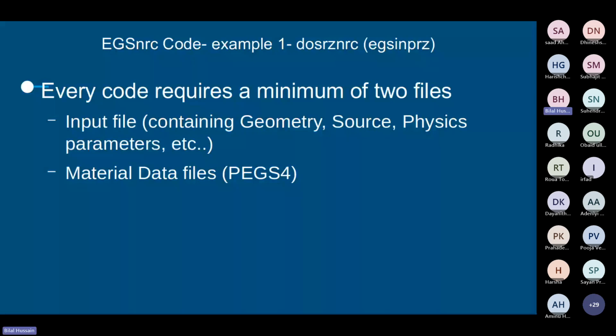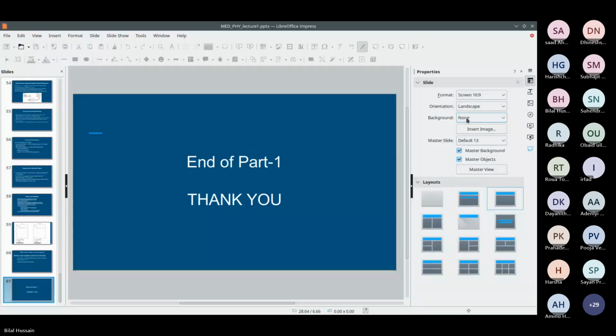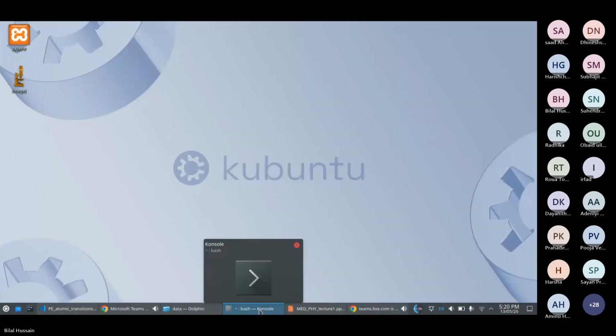The other file deals with the material data: what type of material it is, and what the constants are, that is, the interaction coefficients and cross sections. That's the last slide. Now I'll go directly to one example using EGSnrc.